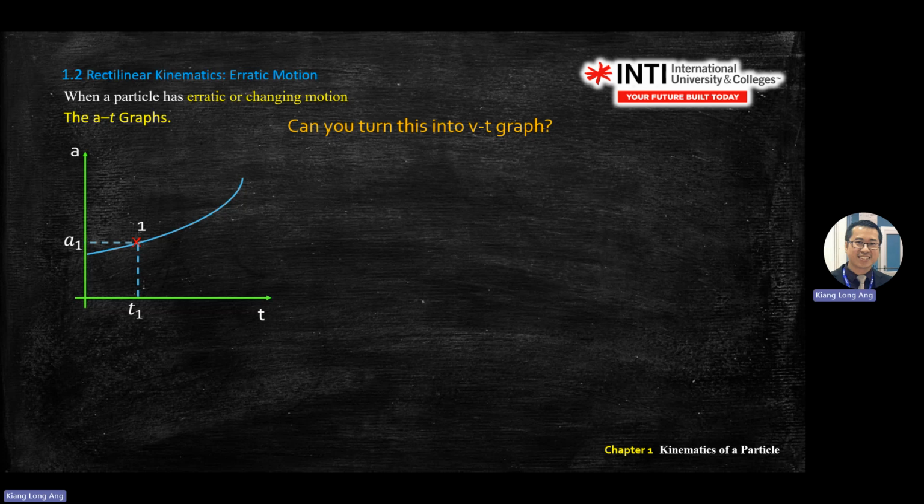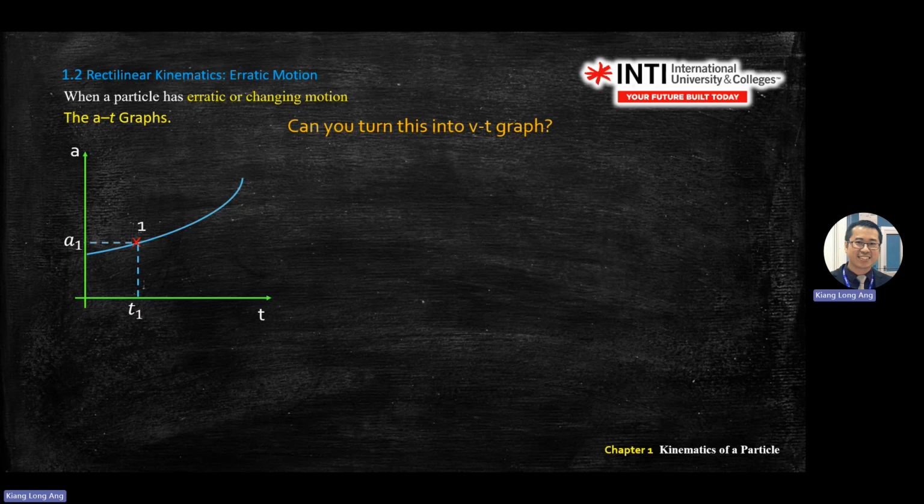So when you reverse back, you want A to become V. Again, recall the definition that you learned in the previous section. A equal to dV dt. So you want to reverse it, you can rewrite A dt equal to dV.